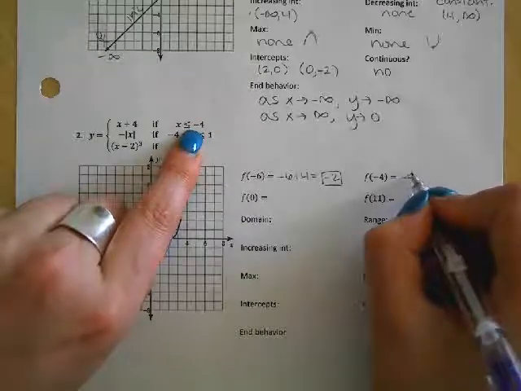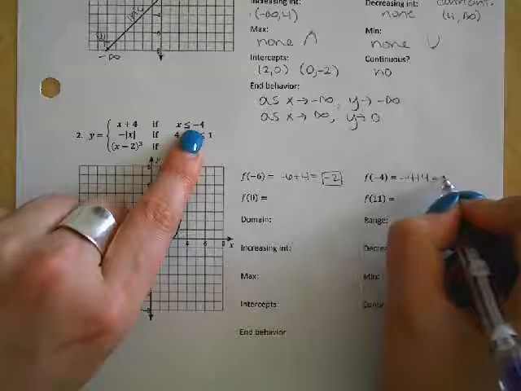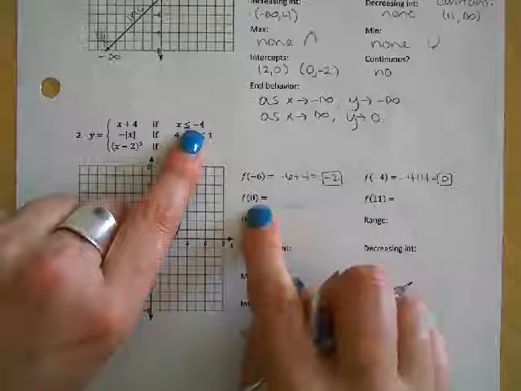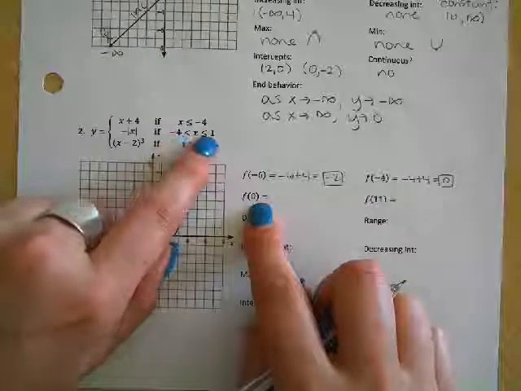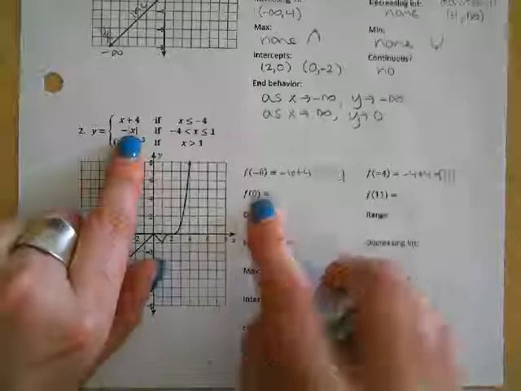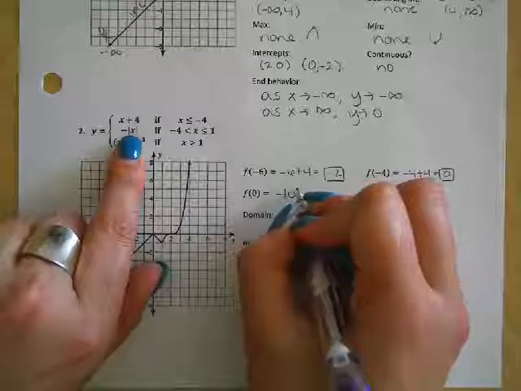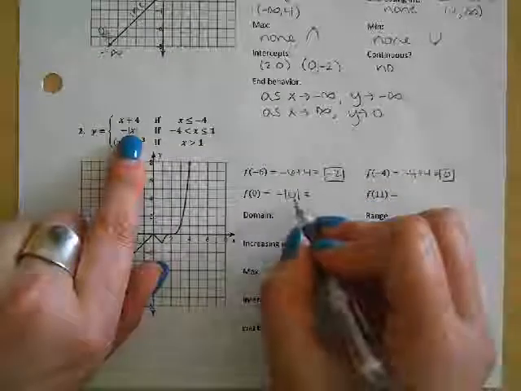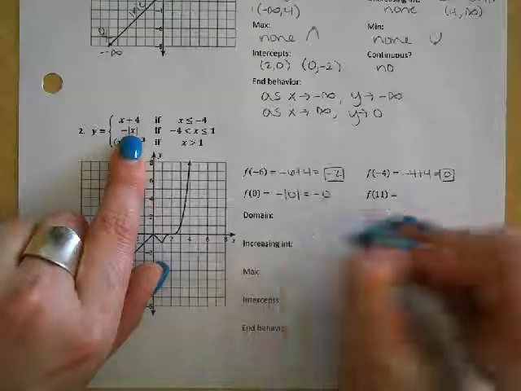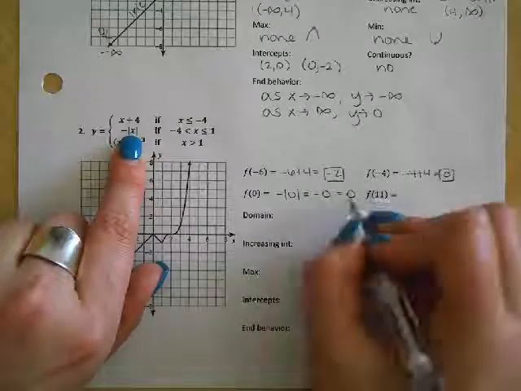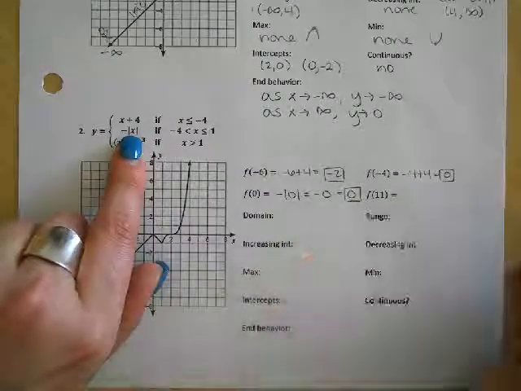So I've got -4 plus 4 equals 0. If I want to plug in 0, I'm going to do that in this middle piece. So I have negative times the absolute value of 0. 0 written as a positive number is still 0, and -0 is the same thing as just regular 0.